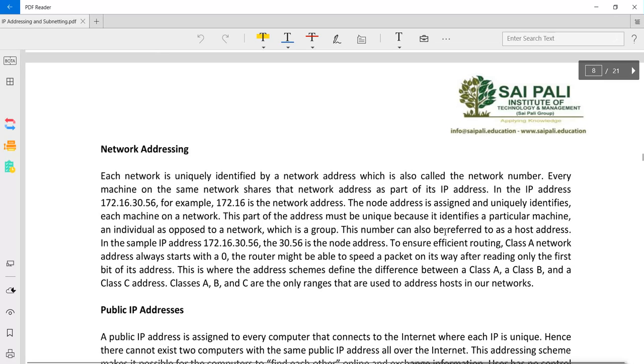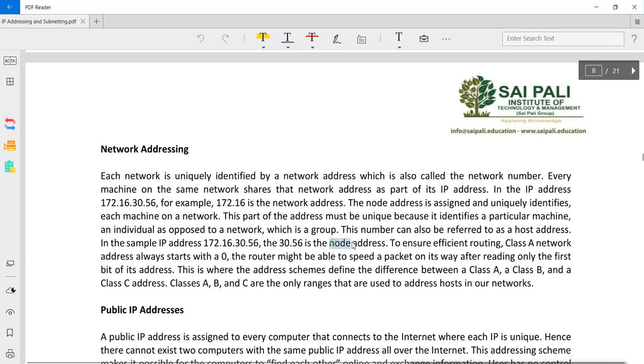This number can also be referred to as the host address. In the sample IP address, the host part is 30.56, and remember it is class B. How do I know? By seeing only this 172, because 172 is between 128 and 191, that means it is class B. So the first 2 parts are network and the rest of the 2 parts are host address.